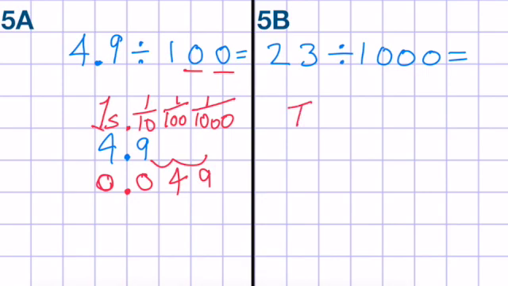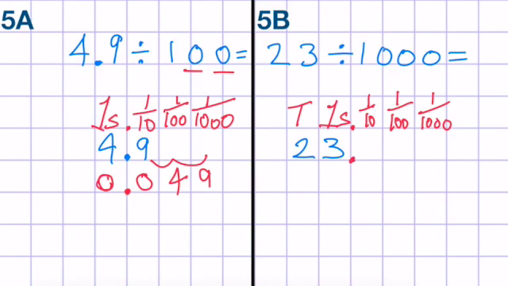23 divided by 1,000. So we've got the tens column and the ones column. We've got 23. Now we're going to be going into the decimals columns because we're dividing by 1,000. So let's put our decimal column headings.